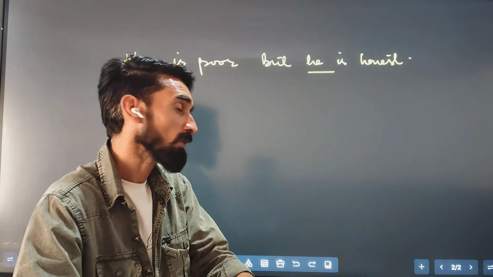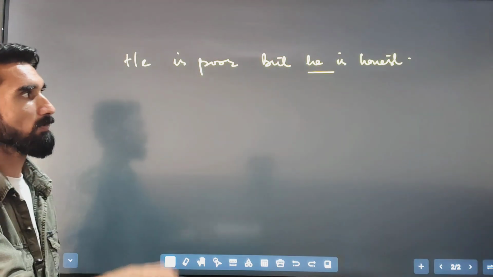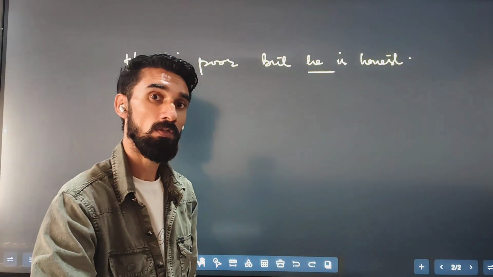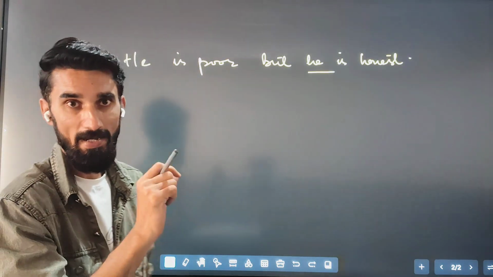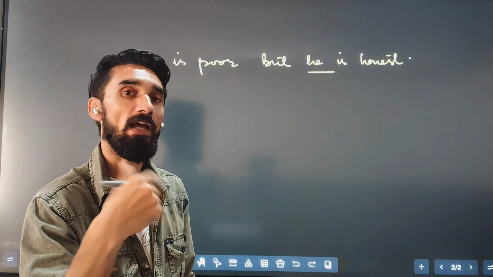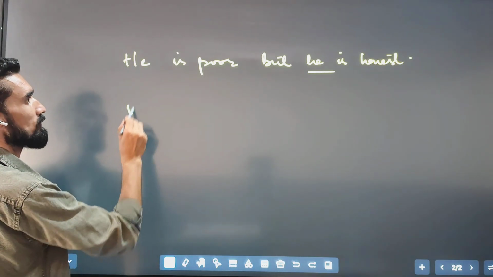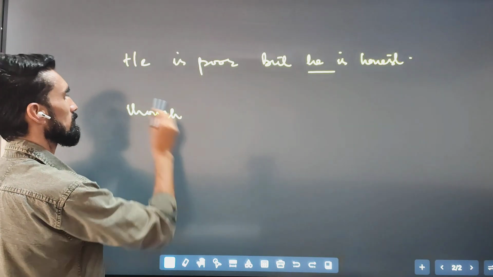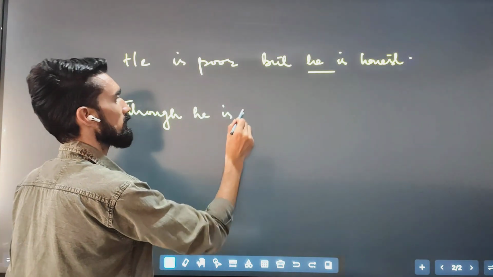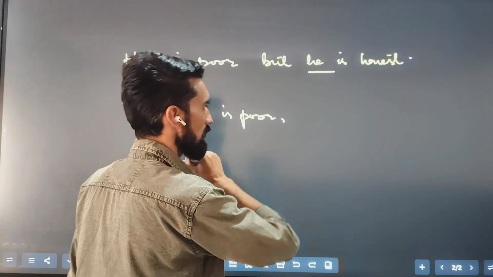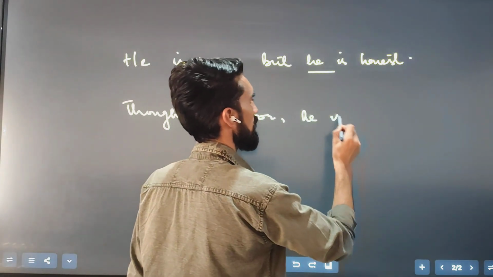So it becomes a compound sentence. Now when you change this into a complex one, you will put one clause as dependent and another as independent. Now it will be like, though he is poor, comma, he is honest.